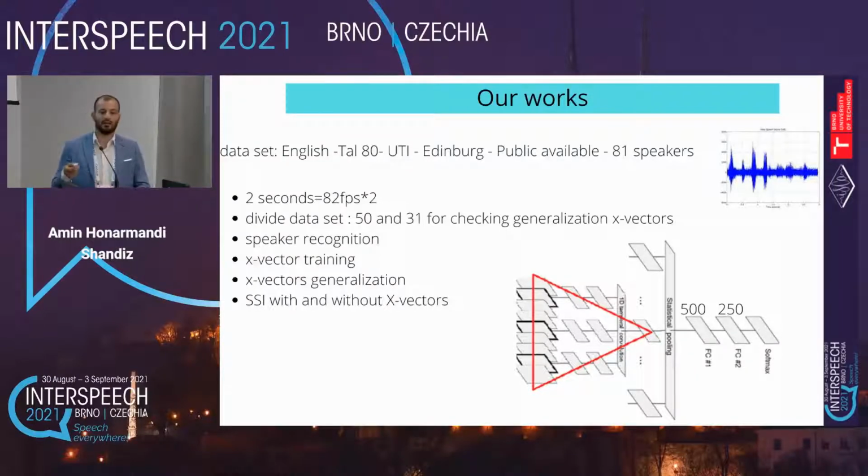First of all, we shortened these speeches to 2 seconds because it was very big data, and also we wanted to see if we can have shorter ultrasound frames or features or x-vectors, and with these shorter ones we can still have good distinguishable features.